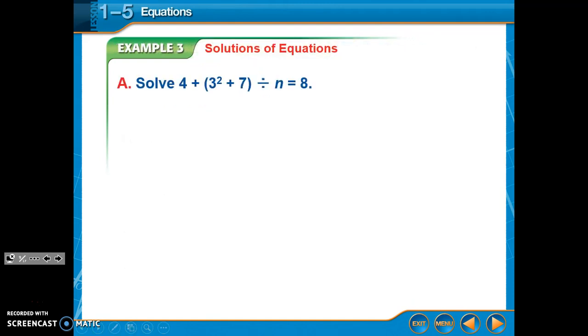Example 3. What if we have something divided by n? The first thing equals 8. So the first thing I'm going to do is simplify this. I have 4 plus 3 squared, which is 9, so this becomes 9 plus 7.